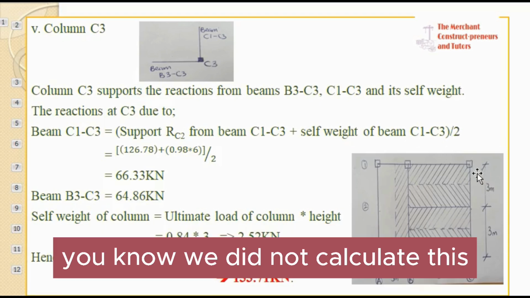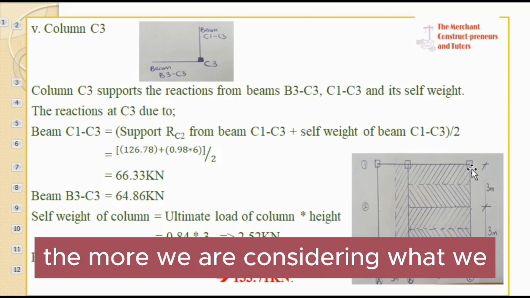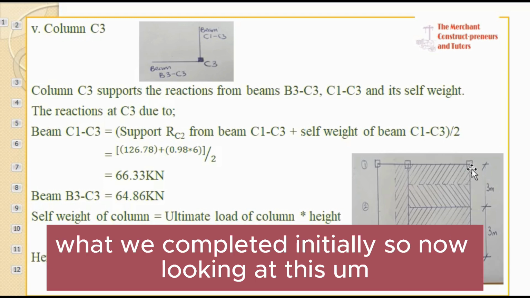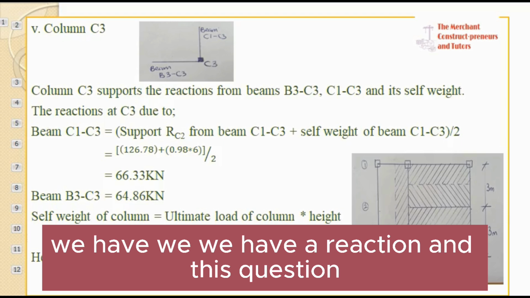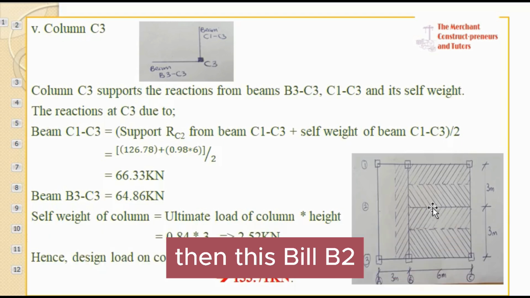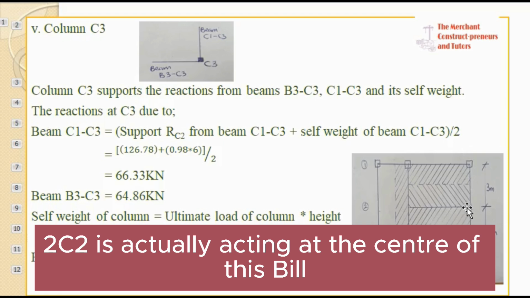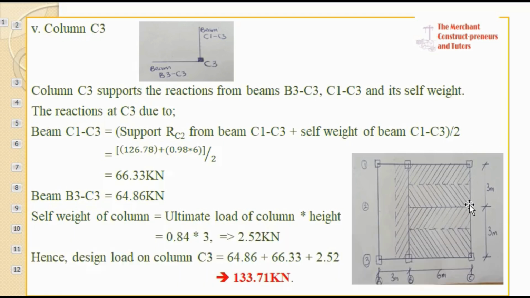We did not calculate this beam while we were considering what we calculated initially. Now, looking at this, we have a reaction at this portion and a reaction at this portion. Then beam B2 to C2 is actually acting at the center of this beam.